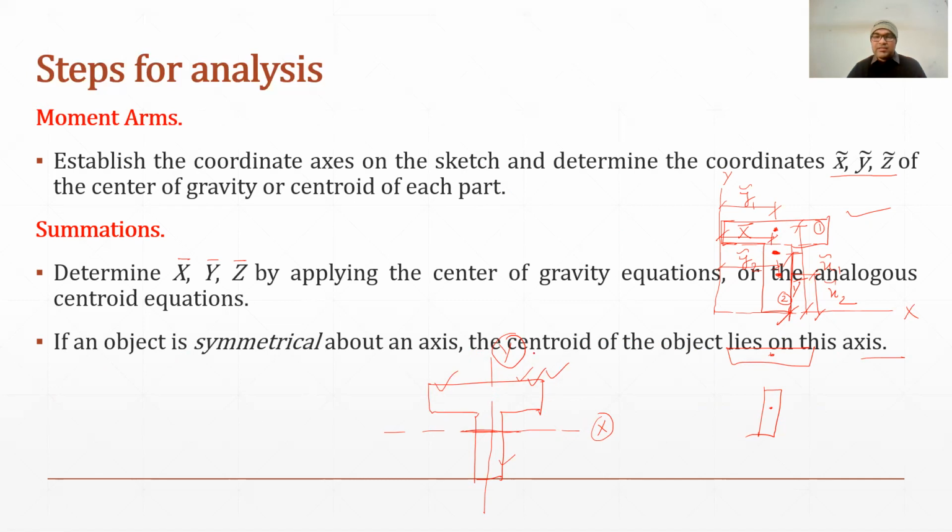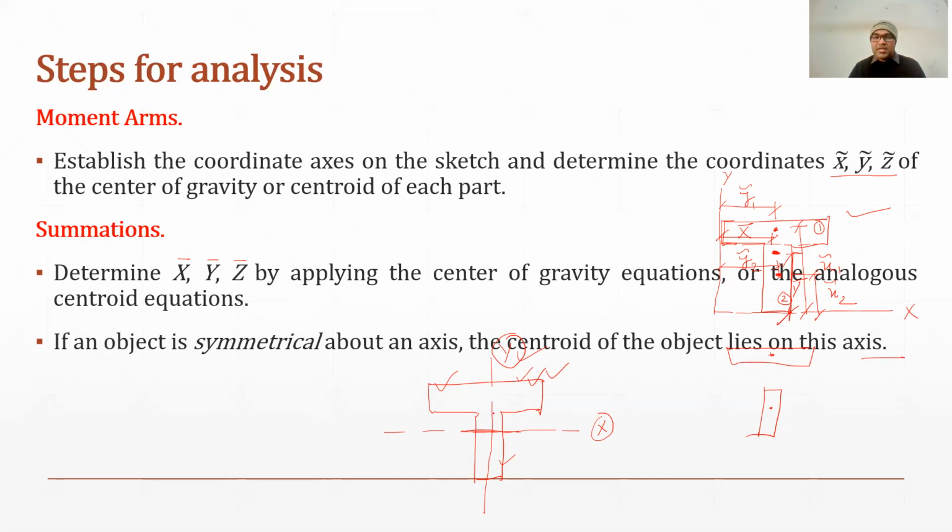So it means we can say that this figure T is symmetrical about one axis, and that is the y-axis, but it is not symmetrical about the x-axis. In that case, we can say that the centroid will be lying on the axis about which this figure is symmetric.